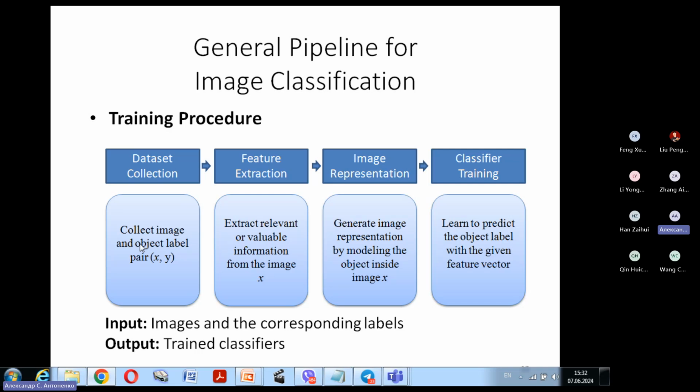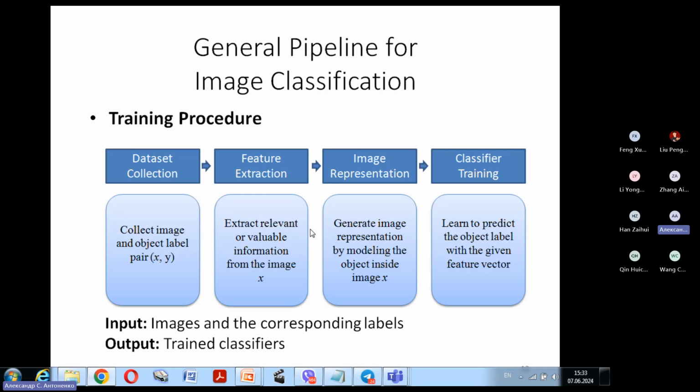Then we need to manually assign labels. Maybe we have some database with pretty pictures of cats and pretty pictures of dogs. So we know that this is cats and this is dogs. So we need to assign this label manually. This is the first step.